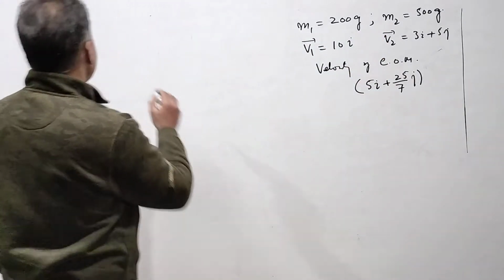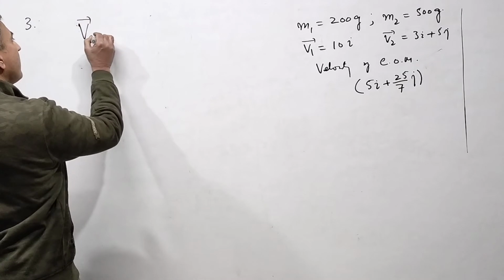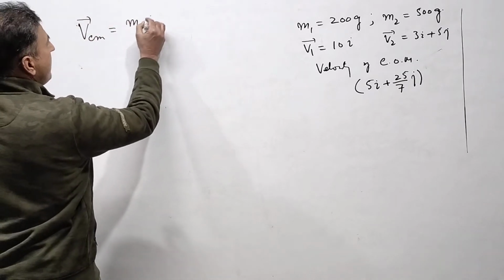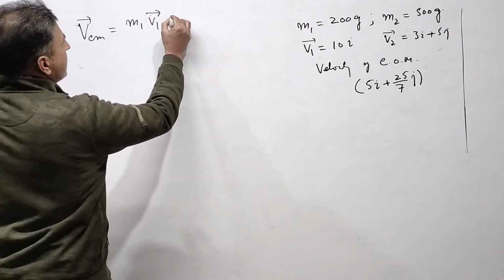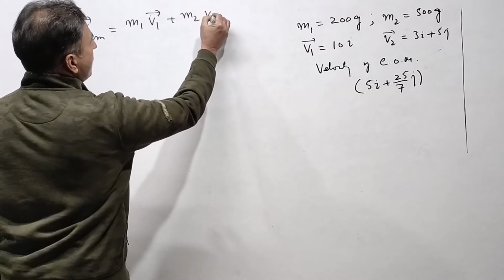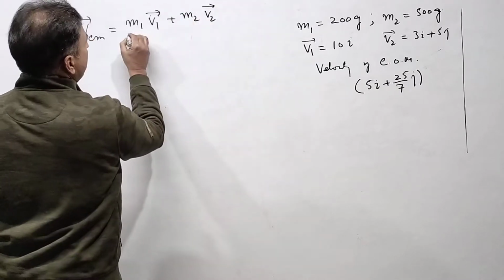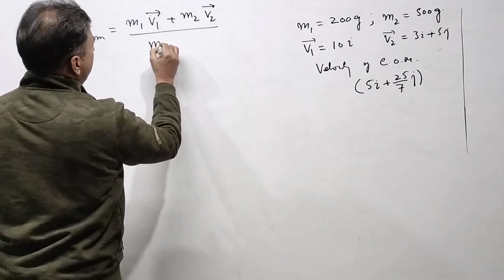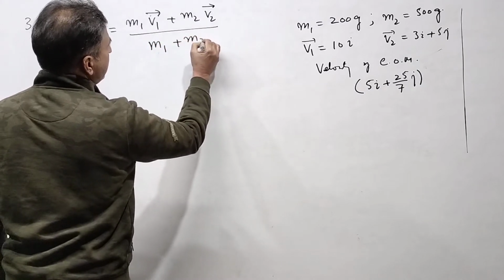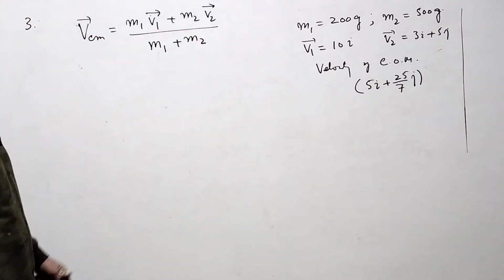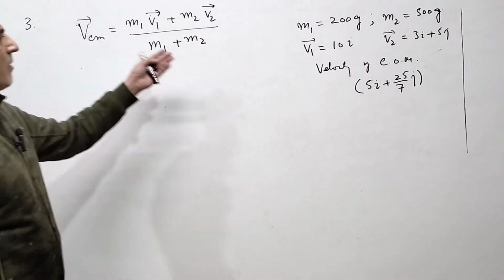So which formula am I going to use? That is (m1 v1 plus m2 v2) divided by (m1 plus m2). This is the base formula to find the center of mass of a system of bodies. Here we have only two bodies.